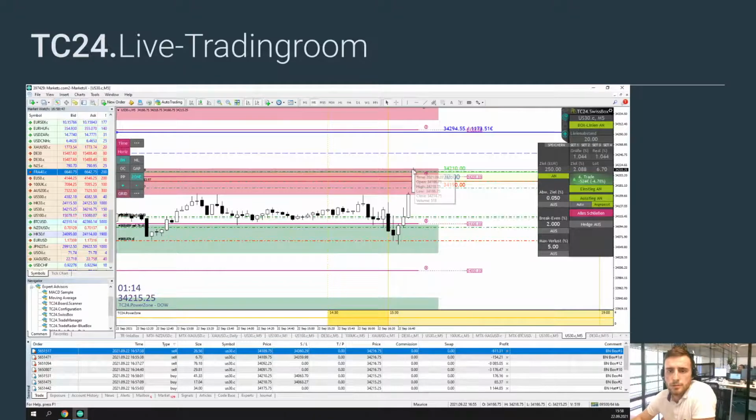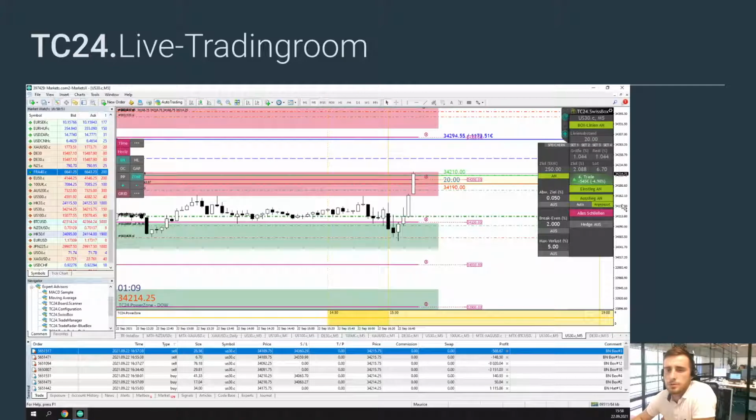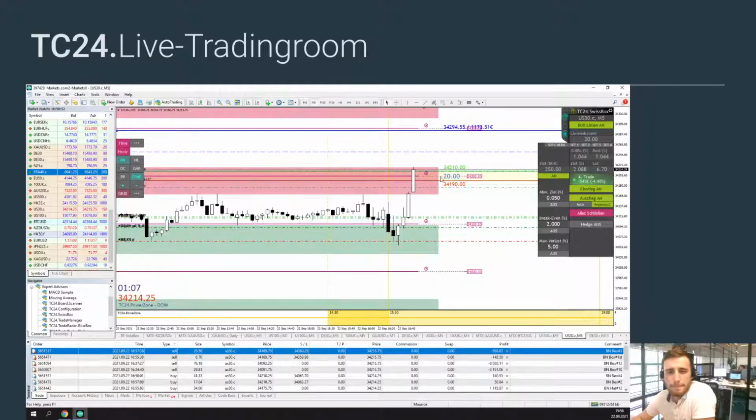So we're at the top of that resistance zone here, which has been marked out with the master tools. So we should see a break.